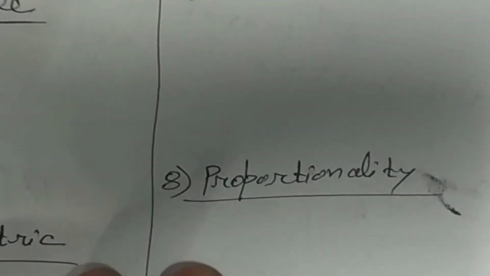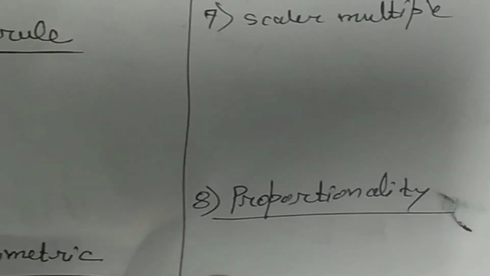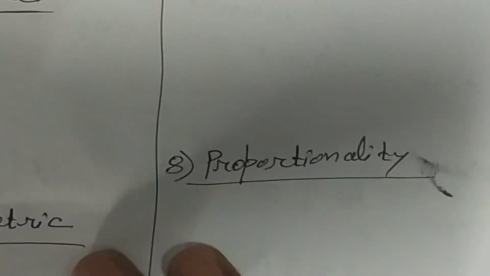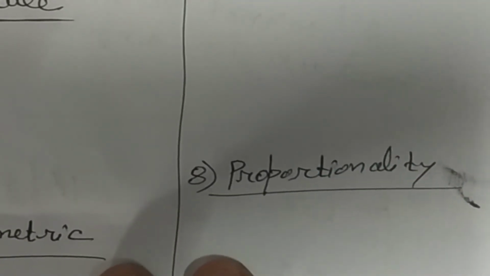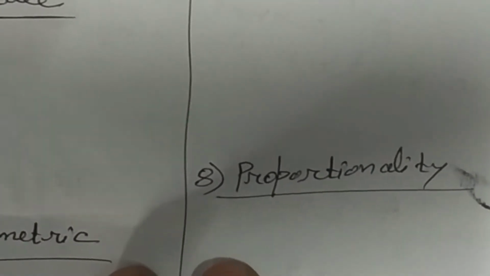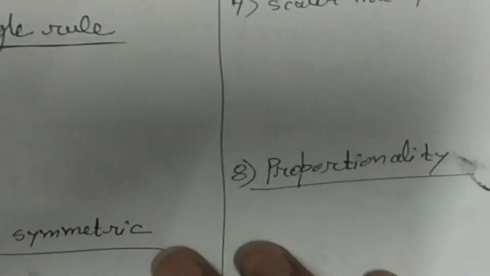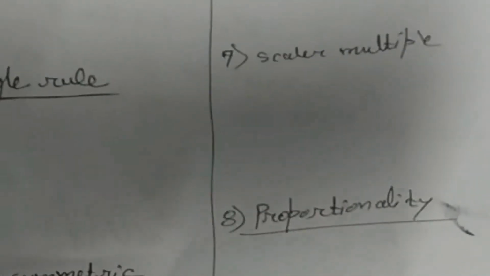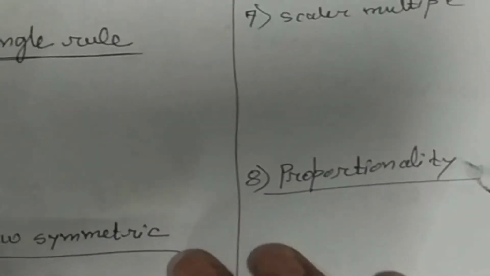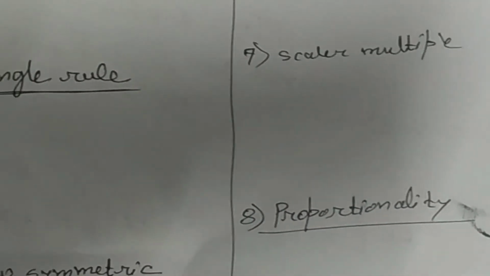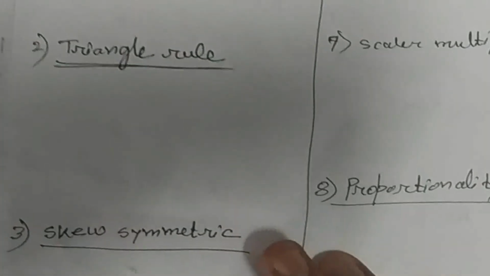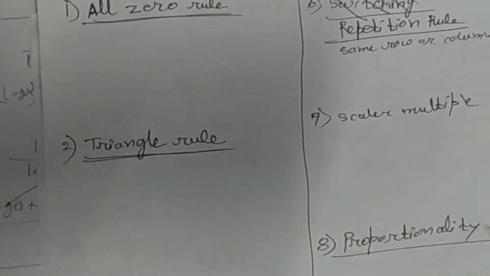Now all the rules I will give as a photo in a JPG file. You have to go through all the rules, and then I will upload a worksheet. In that worksheet all the questions will be on this topic. You have to use these properties of determinants to solve those questions.